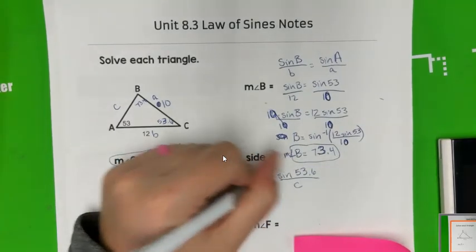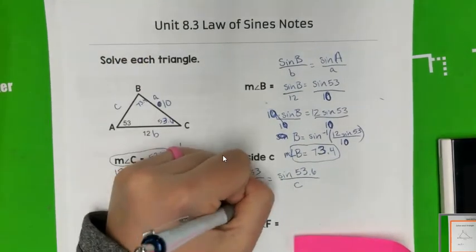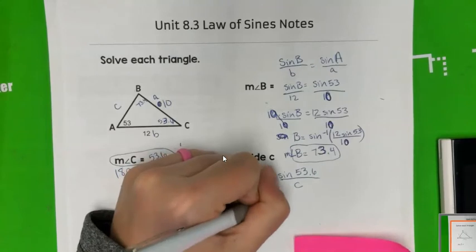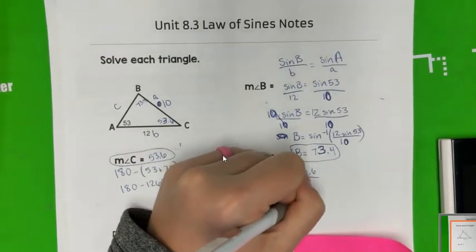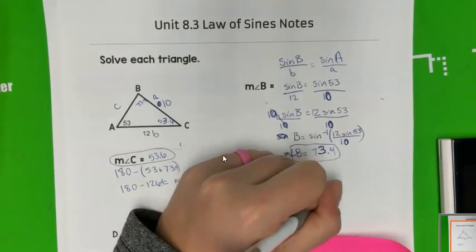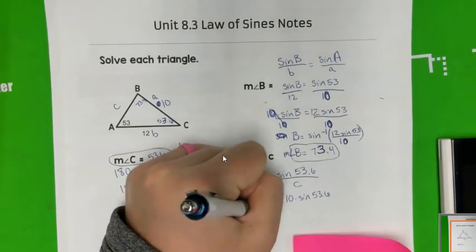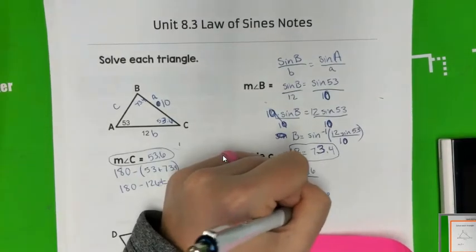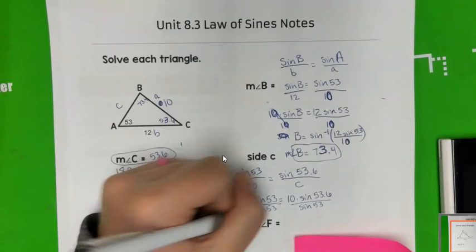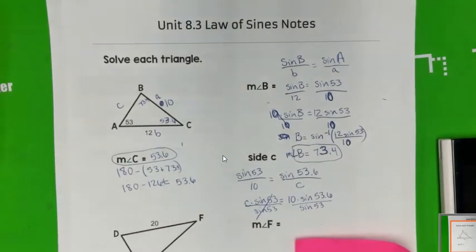So this example is more like the ones we did before. So C times sine of 53 equals 10 times sine 53.6. I'm going to divide both sides by sine of 53. And this is what we are putting in the calculator.